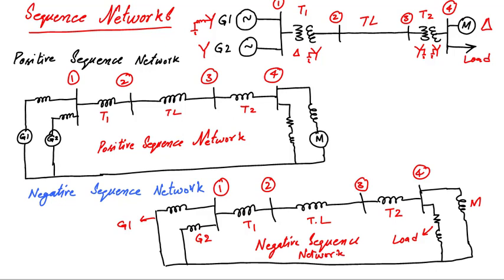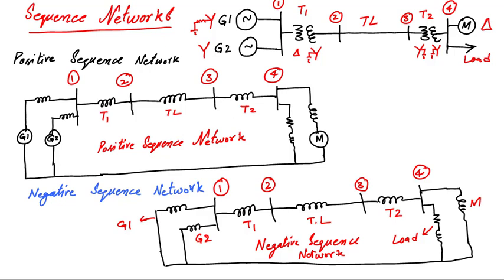Now if we compare the positive sequence network and the negative sequence network, we already know that the impedances in positive sequence and negative sequence are equal for all the components except for generators and rotating machines. In that case, the negative sequence impedance could be slightly smaller than the positive sequence, but we take them equal to each other to keep our data simple.